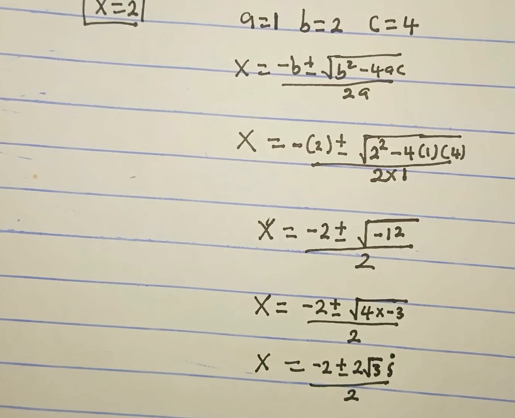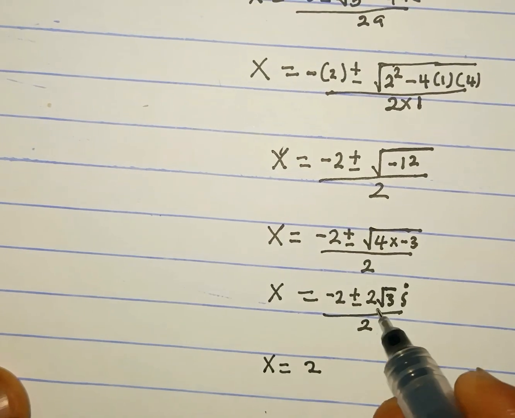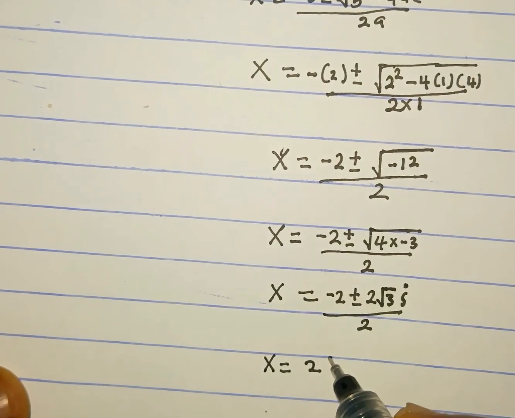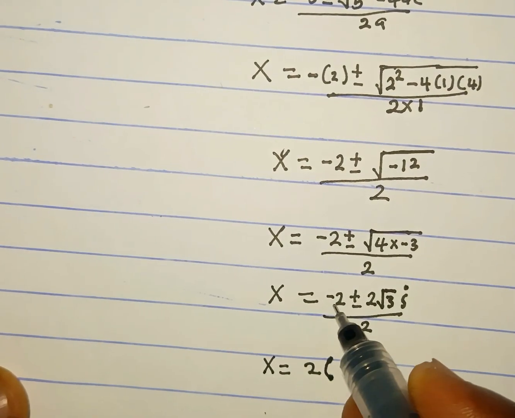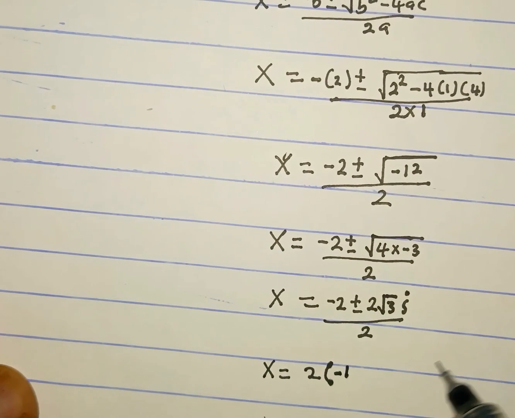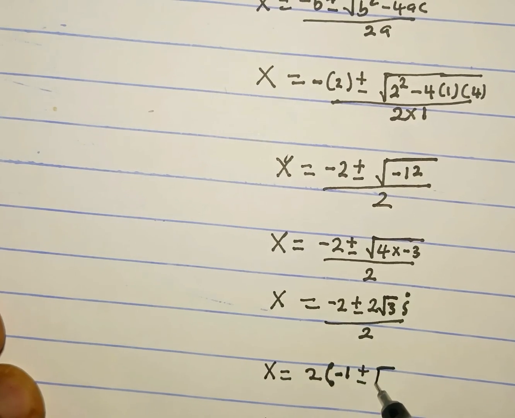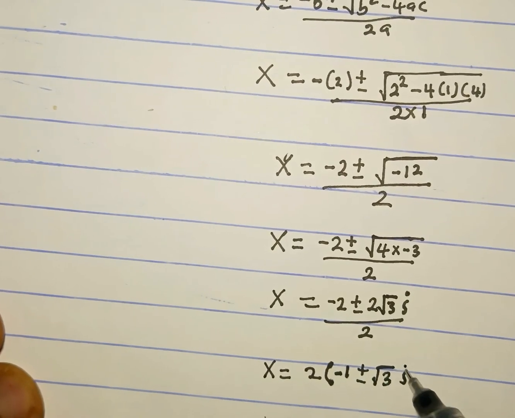So x will now be equal to, when we factor out 2 from here, we are going to have 2 into 2, negative 2 divided by 2, we are going to have negative 1. The negative 1 plus or minus, this 2 is outside already. Here will remain only square root of 3 i.